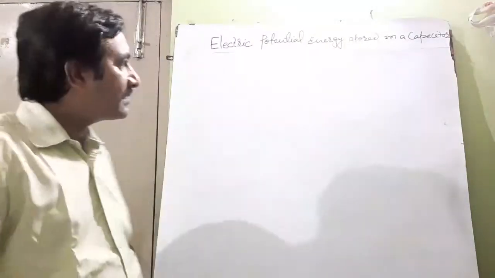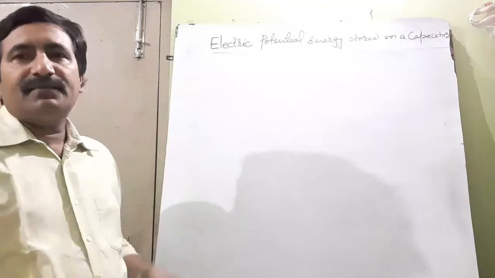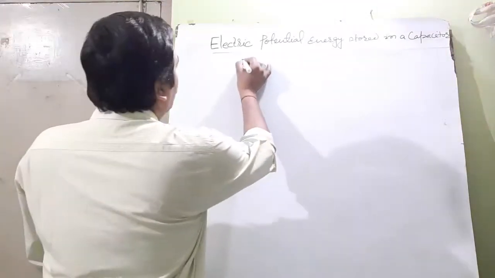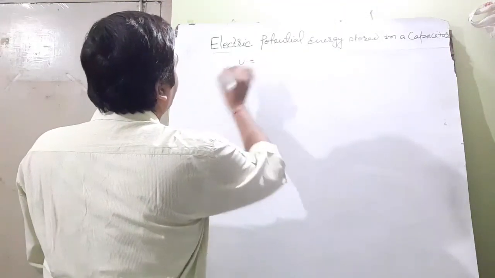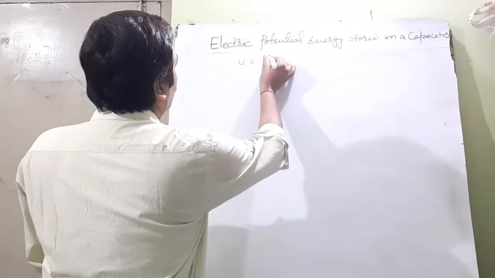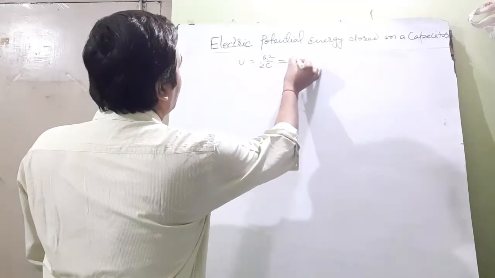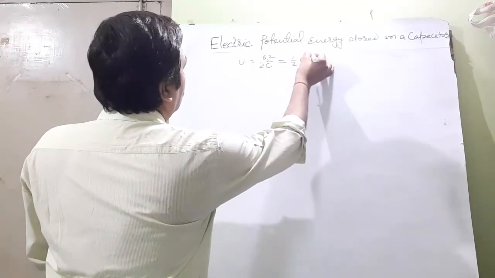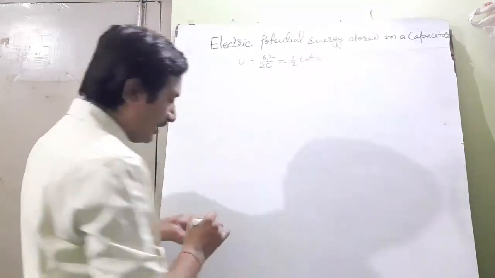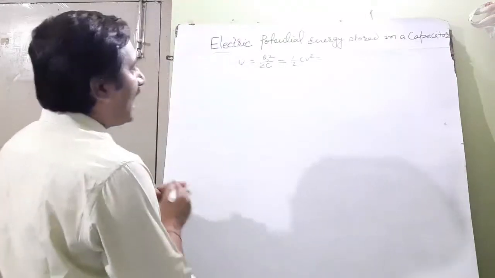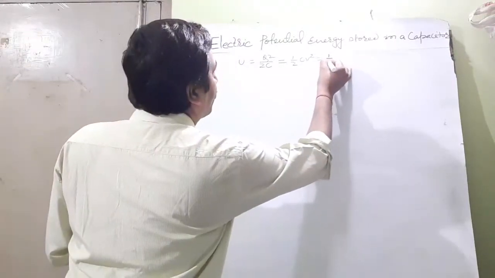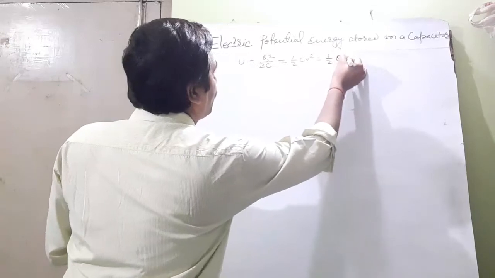Now let us analyze these formulas: U is equal to Q square by 2C, is equal to half CV square, is equal to half QV.